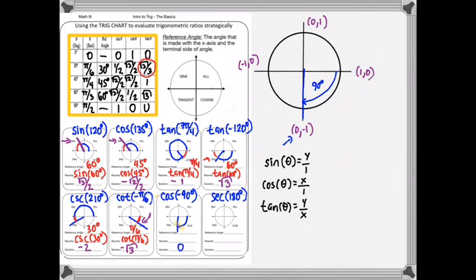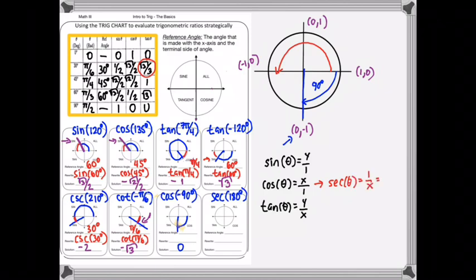And likewise, if I have the secant, which is going to be the reciprocal of cosine, I would go like this on over here. And I notice that if I wanted secant of an angle, that's going to be 1/x, okay?